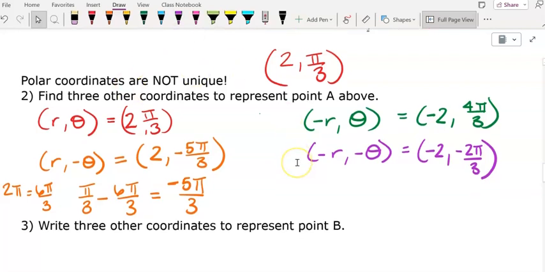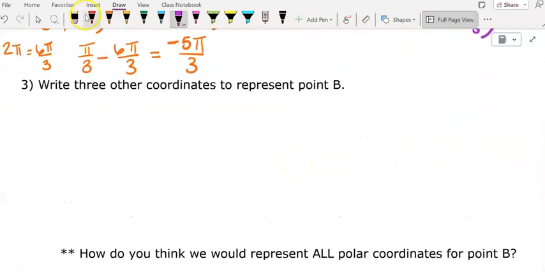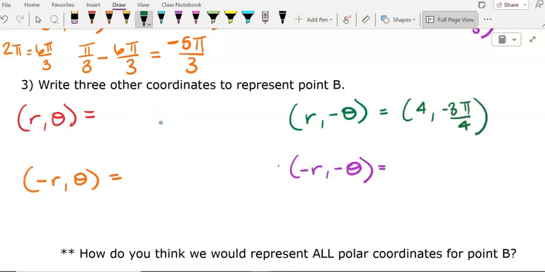All right, let's try our point B, okay? So point B was given to me as (4, -3 pi over 4). And I've got to rewrite this 3 other ways. Here we go. We've got 4 and we're at -3 pi over 4. So in order to get it to both be positive, I can take that -3 pi over 4 and just add 2 pi.